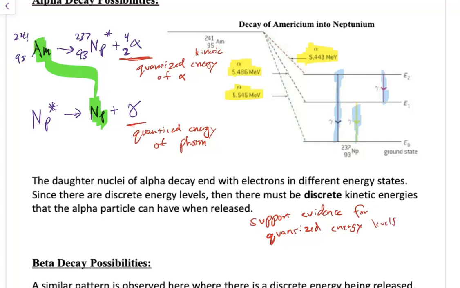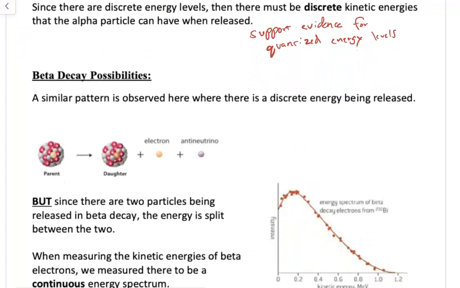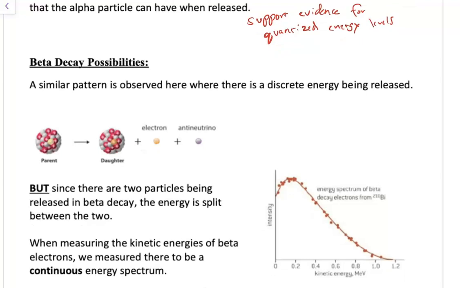The next observation was made in beta decay. And as we said in the previous decay, there must be some energy released that we can confirm between parent and daughter. And that energy being released comes from the change between the parent and the daughter. And that must be composed by some particles that get released, this electron and this antineutrino.